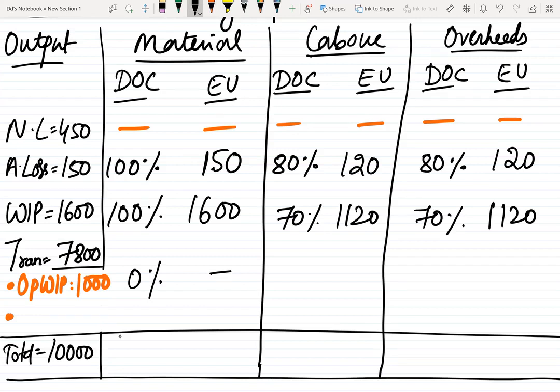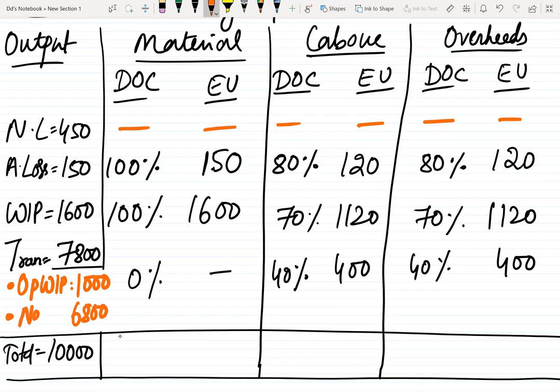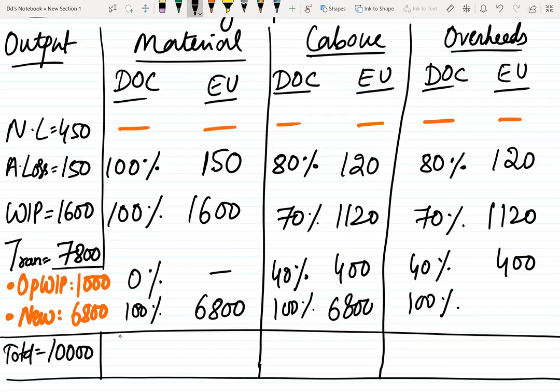Labor 60% done, that means in this year 40%, 400. Overhead 60%, that means 40%, 400. Now out of 7,800, if 1000 came from the previous period, the balance 6800 is new production. On this you do 100%, 100%, 100%: 6800, 6800, 6800.